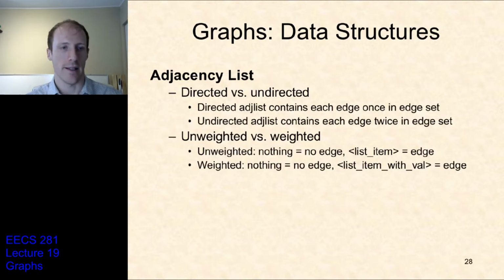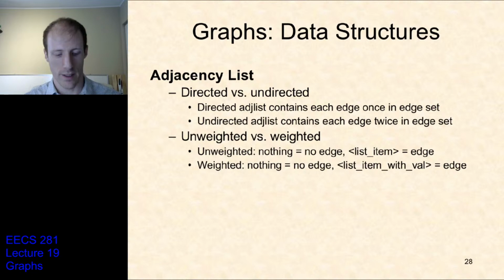So for an adjacency list, in order to represent a directed versus an undirected graph, you can think of an edge in an undirected graph as being two directed edges, one going from A to B and one going back. So the undirected adjacency list will contain each edge twice.